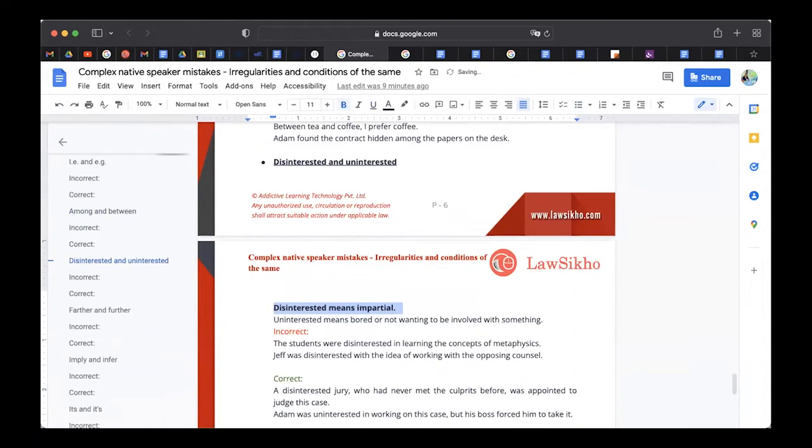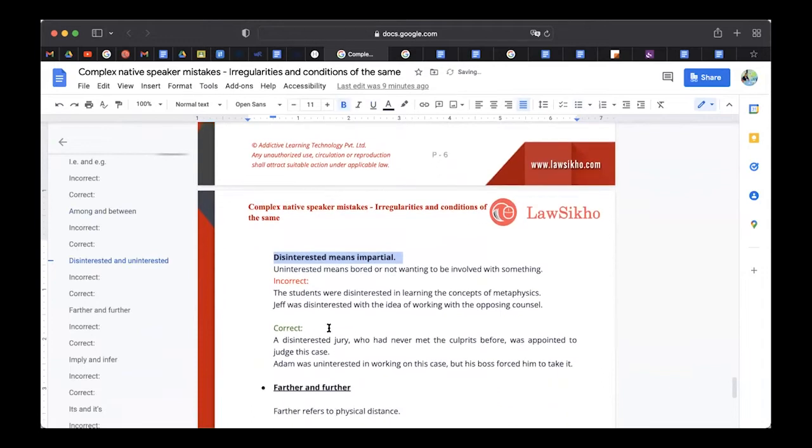When I say, for example, a disinterested jury, why is the jury disinterested? Disinterested does not mean that the jury was not interested. It means that the jury was impartial. Please understand, disinterested means somebody who is not ruled by any preconceived notions, no prejudices, no stigma attached. That is what disinterested means.